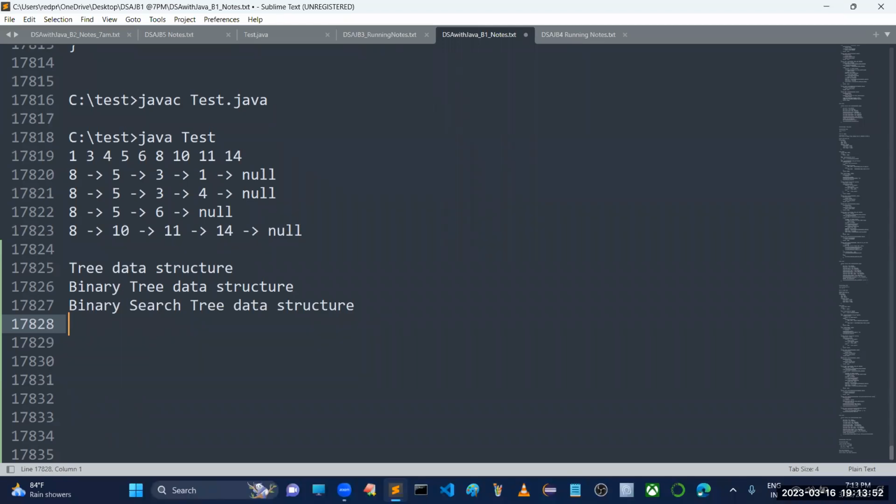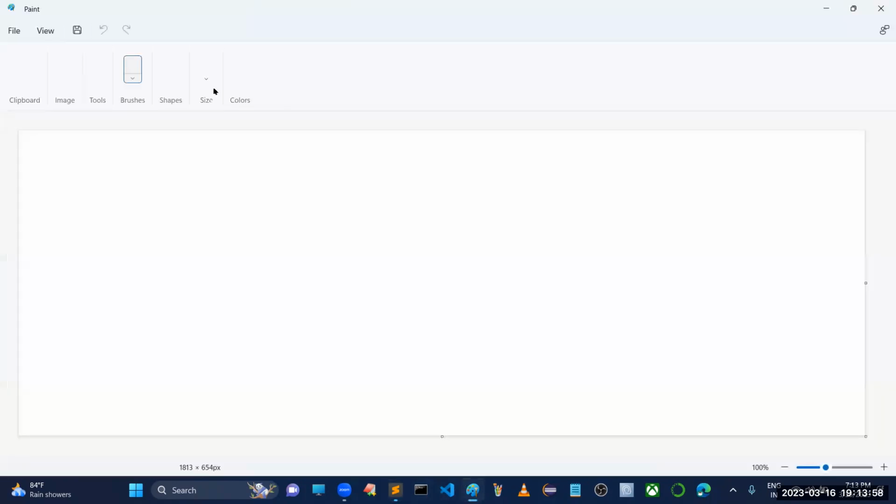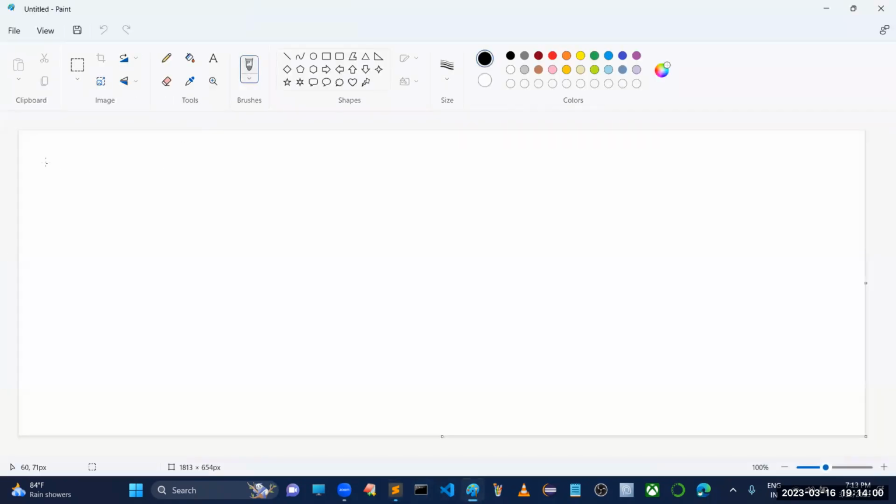Now in this binary search tree, we have some problems. For example, consider I want to insert some elements like 10, then 20, then 30, then 40, then 50.